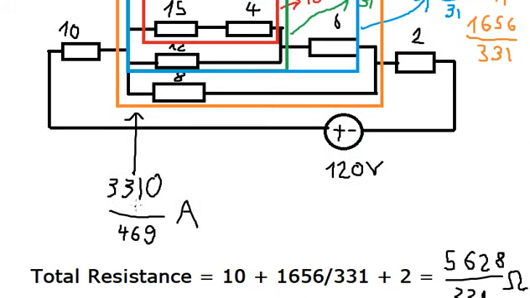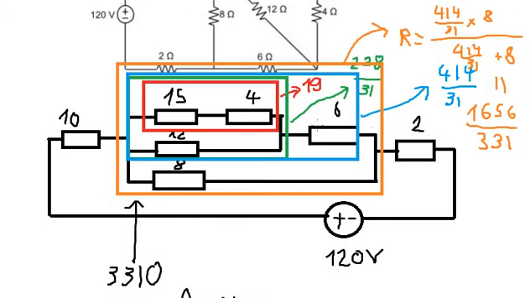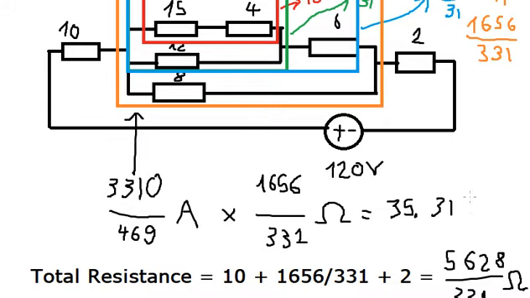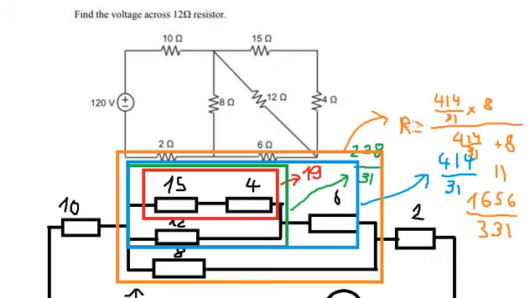So we have this number in here, we just multiply with the orange, that's this number we just calculated in here. And we can find the voltage. That's about 35.31, and this is the final answer.